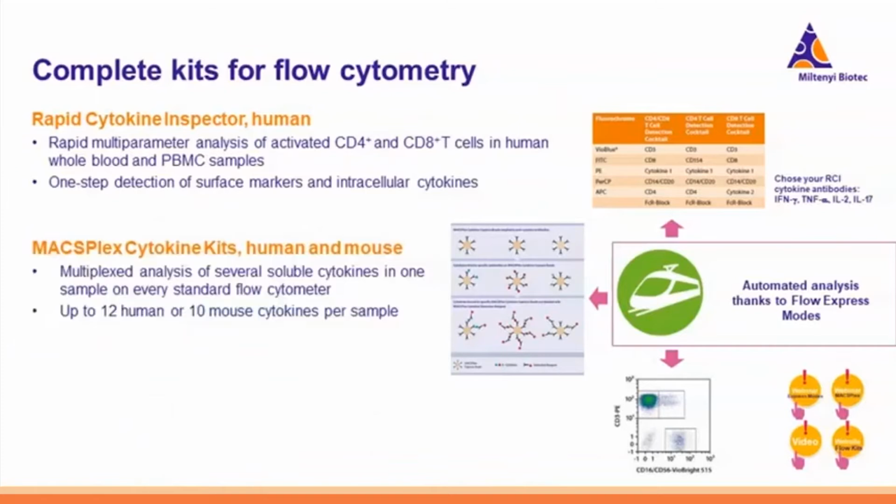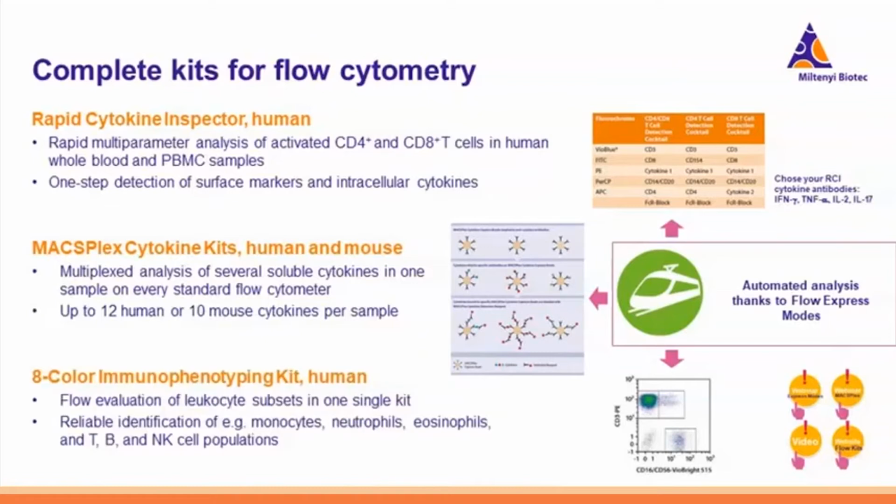We also have the MACSPlex Cytokine kits available both for human and mouse samples, and they allow a multiplex analysis of several soluble cytokines in just one sample, and also work on every standard flow cytometer. And last but not least, we also have the so-called 8-color Immunophenotyping Kit, which enables a flow-based evaluation of various leukocyte subsets, such as, for example, monocytes, neutrophils, T, B cells, as well as NK cell populations.